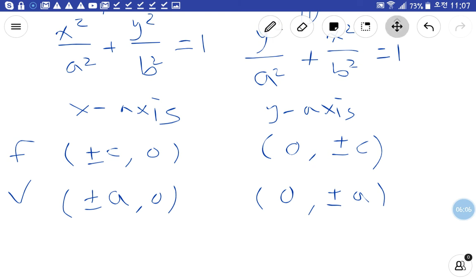Now, you have a semi-major axis and a semi-minor axis. You should know what the major axis and minor axis are. Please look at page 592 all the way at the top. We know the chord. A chord is a line segment with endpoints. You learned the chord from the circle as well.